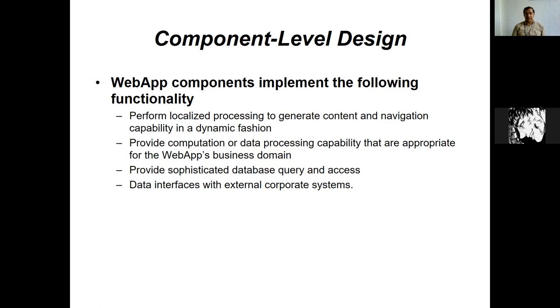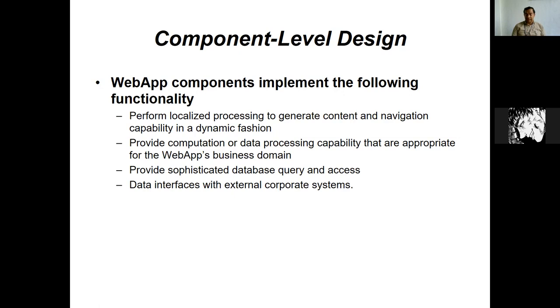So if you look through the functionality, our project is going to implement this many components. Perform localized processing to generate content and navigation capability in a dynamic fashion. The actual project should have a set of local processing elements, local processing components.